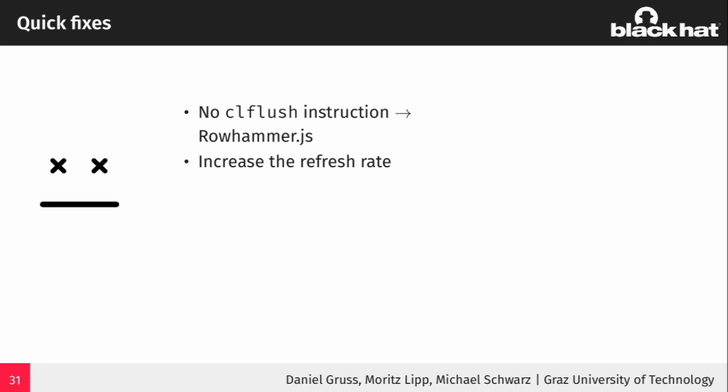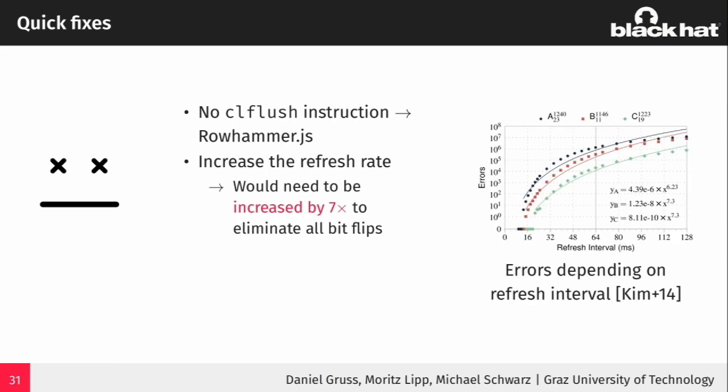So we just increase the refresh rate so that the content gets updated earlier, so you cannot induce a bit flip. Yeah, but that also does not work. In 2014, Kim et al. already showed that on some modules they would have to increase the refresh rate by a factor of 7. And this would significantly reduce the performance of the DRAM module. So this is also not really a good solution.